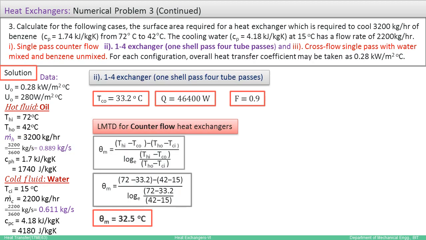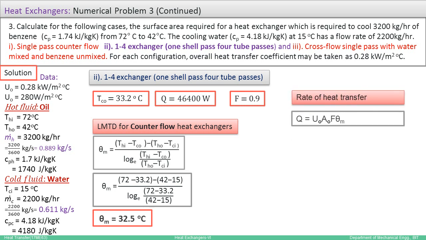Now I have all these values: TCO, Q, F, and theta m for counterflow, and using this rate of heat transfer equation, remember I am writing this Q equation as Q is equal to U naught A naught F into theta m, where theta m is the LMTD for the counterflow heat exchanger and F is the correction factor. So F into theta m is the LMTD for multipass flow.